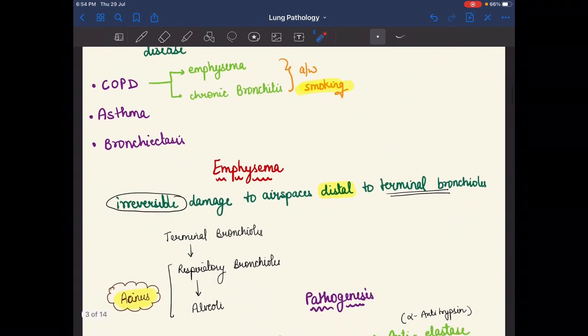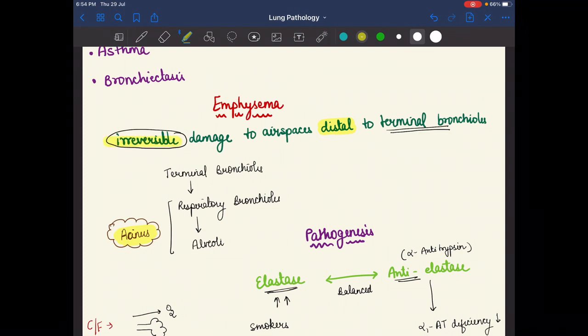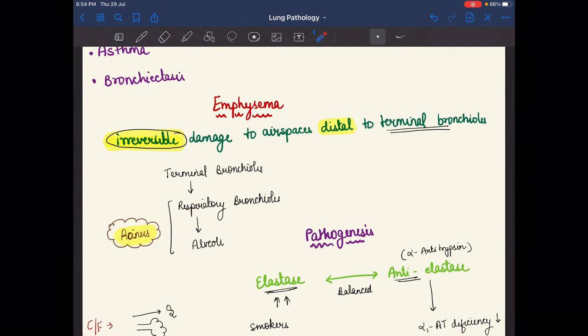So let's begin with emphysema, which is associated with smoking. For emphysema we have to remember one particular point, that it is irreversible damage. There is irreversible damage to the air spaces distal to the terminal bronchioles, and as we know, what lies distal to the terminal bronchiole is the acinus, made of respiratory bronchioles and alveoli.